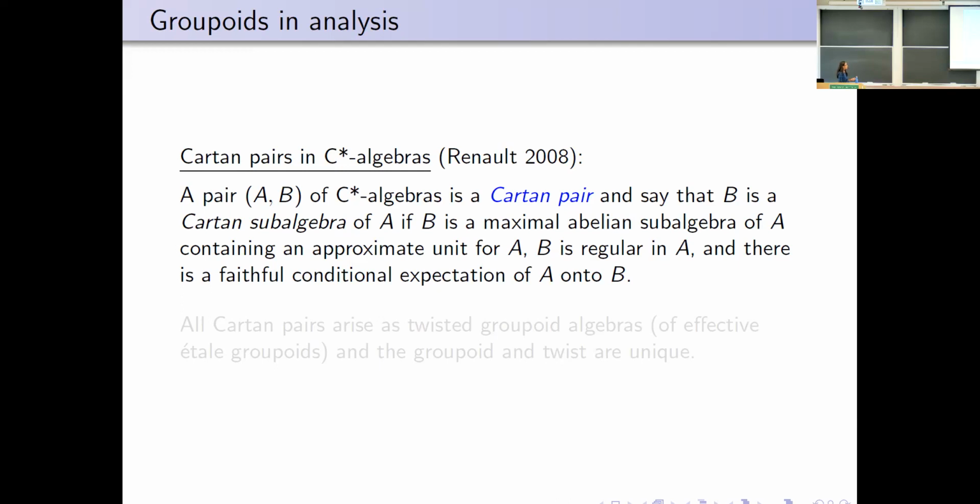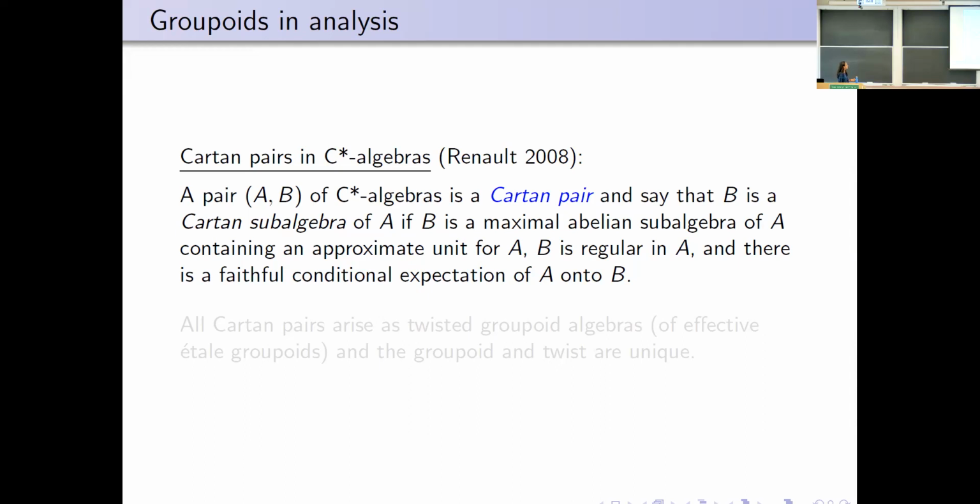And then I just quickly record the definition, in short. If there's a pair A and B, both C*-algebras, then we call this pair a Cartan pair, or we say that the subalgebra B is a Cartan subalgebra of the larger C*-algebra A, if the following conditions are satisfied.